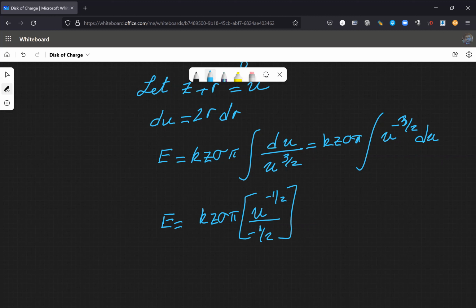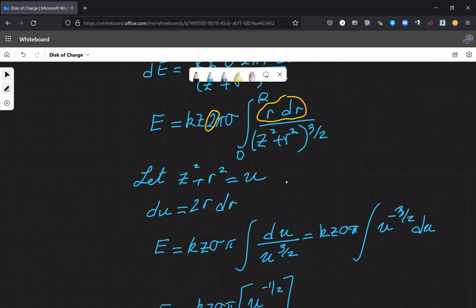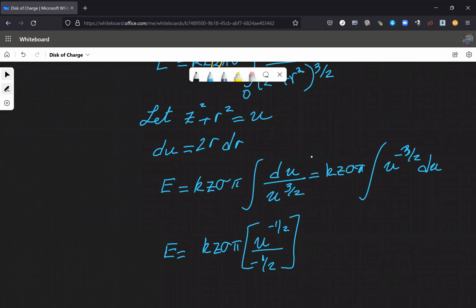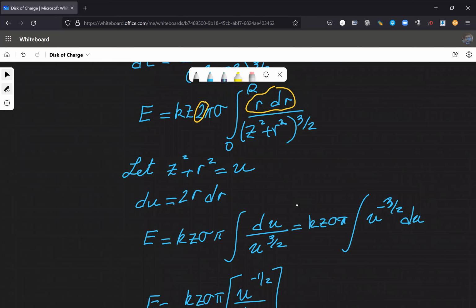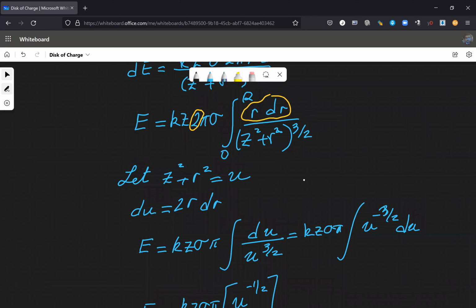Now remember, I want to keep things in terms of r. We can actually, maybe we should change limits of integration. Shouldn't matter really. So let's change limits of integration. Will that work? Yeah, let's do it.